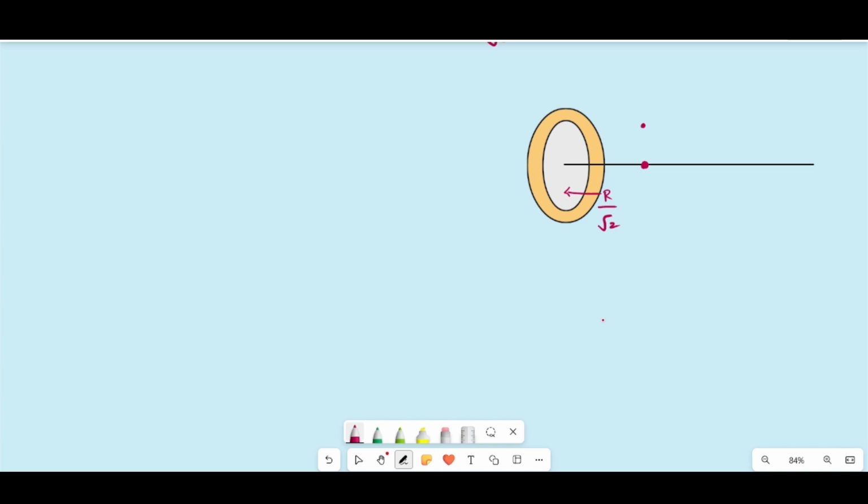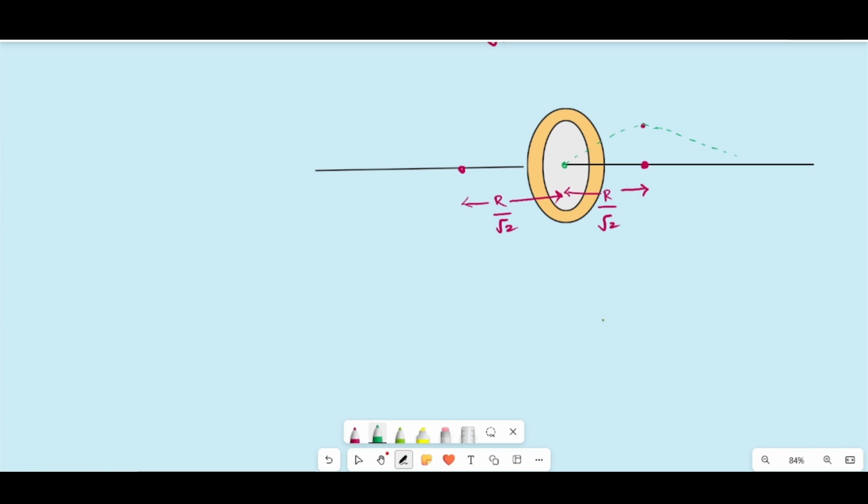Similarly, if you draw the graph on the left side of the ring at the same distance, the electric field intensity due to the ring will be maximum. And at the center it is 0. It becomes maximum here and gradually decreases, becoming 0 somewhere.